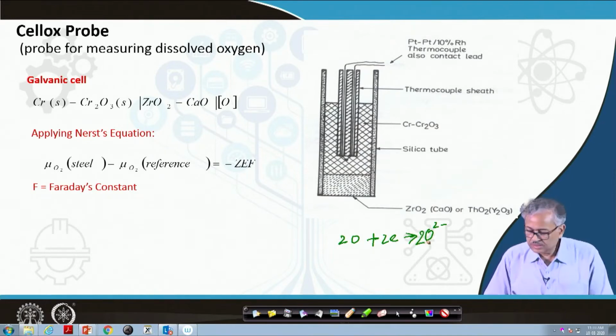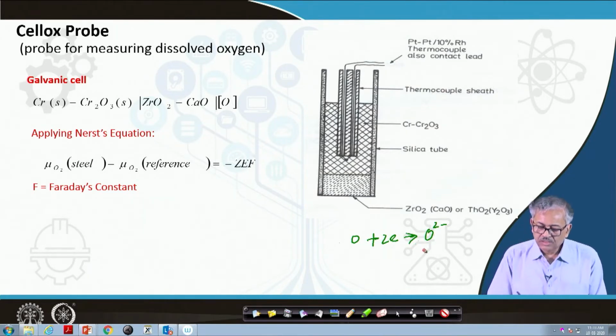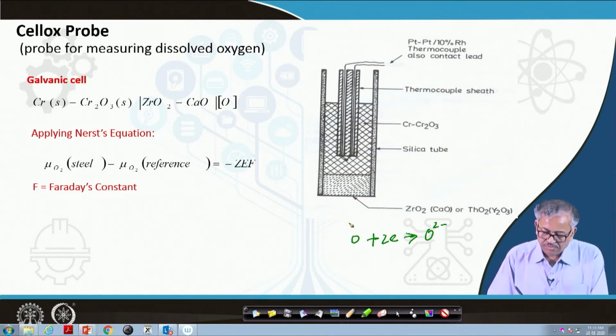That is, O plus 2e is equal to O2 minus. So this will be the reaction here.